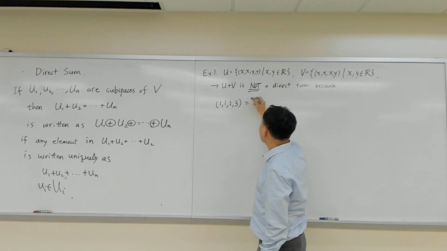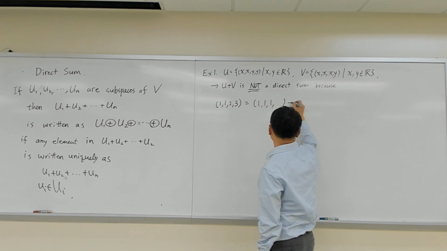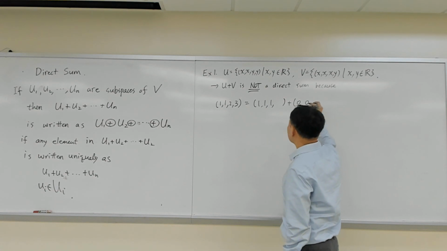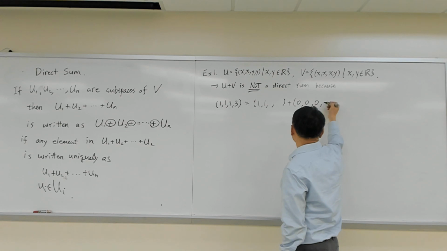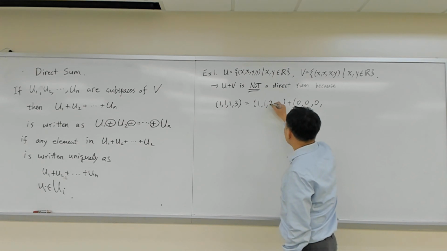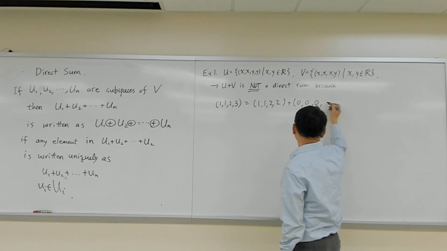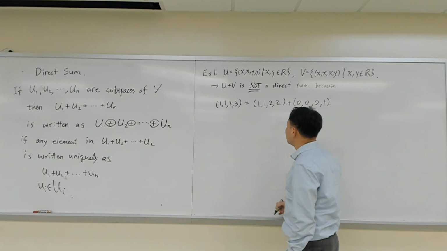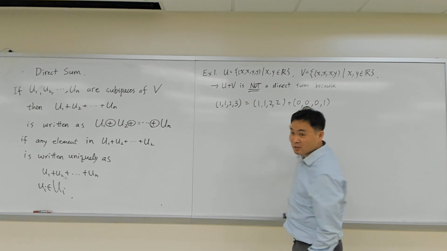But this can be written as something in U plus something in V, like (1, 1, 2, 2) plus (0, 0, 0, 1). This is definitely in U, this is definitely in V.